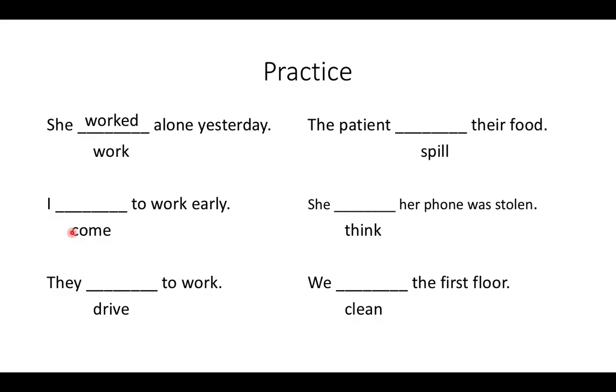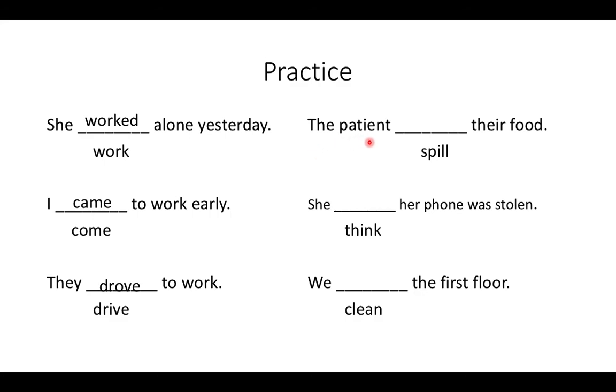So if we have the verb come, this sentence is I came to work early. Past tense, this one's irregular. So it's I came to work early, right? They, the verb is drive. It's an irregular verb. It's not normal. So they drove to work. That's past tense.